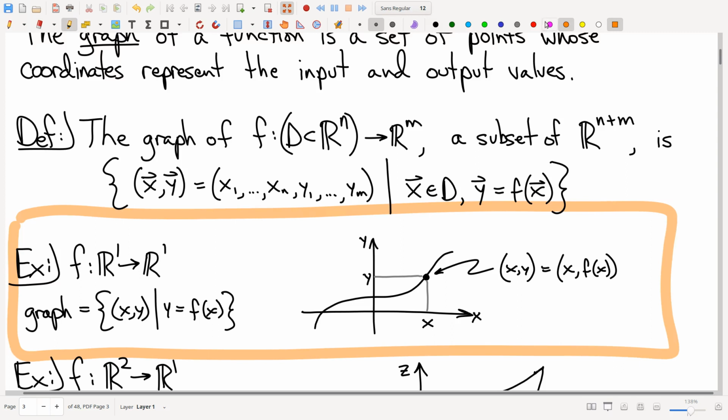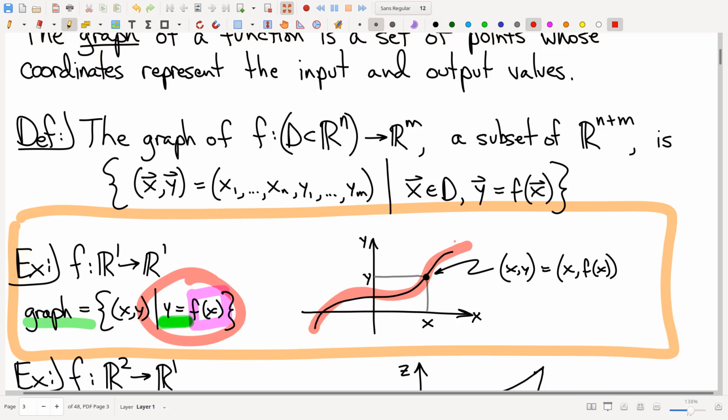When you have a function, to form the graph, if you look at the values of the function and set the output values equal to a new variable, that resulting equation is the equation of the graph. Again, y'all have seen this a million times. You write down that equation, you draw this picture. Cool. So it's just a different way of thinking. It's nothing different from what we already said, just a different point of view.